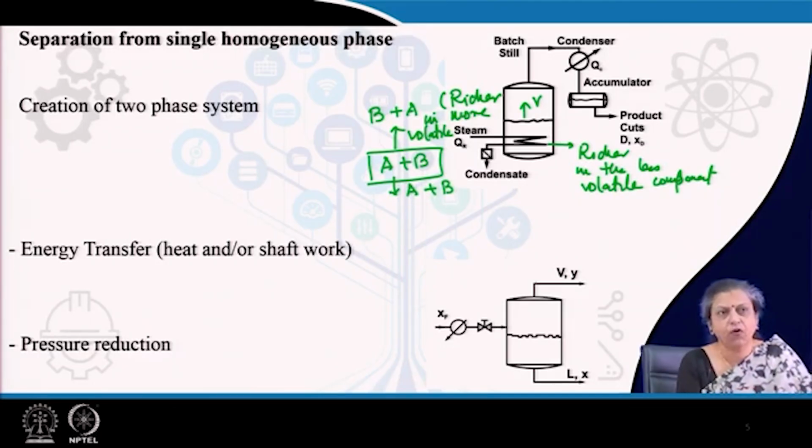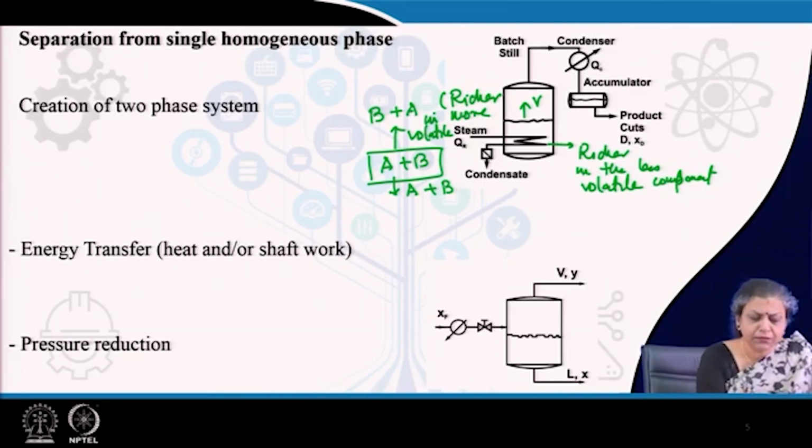Same thing we can also do by partially condensing a vapor feed. If we condense a vapor feed partially, then naturally what do we get? We get the liquid which is richer in the less volatile component and the more volatile components remain in the vapor phase.